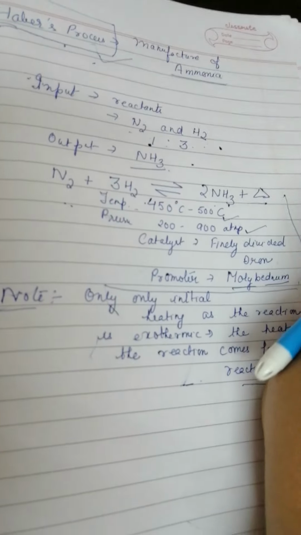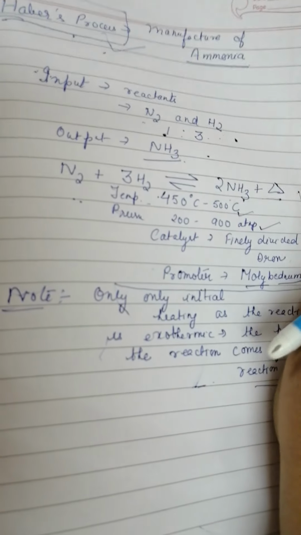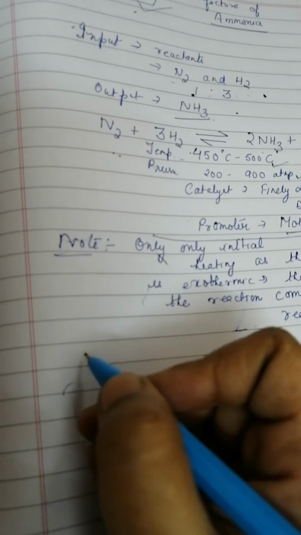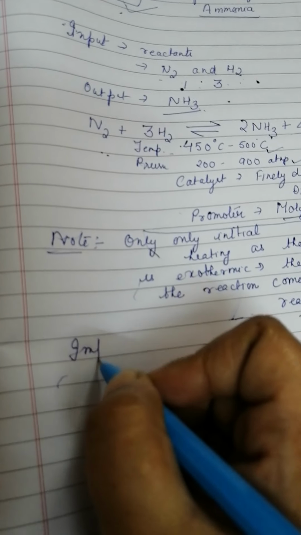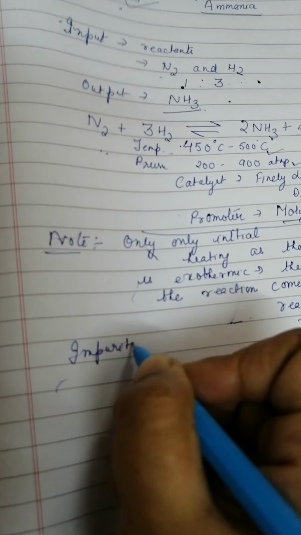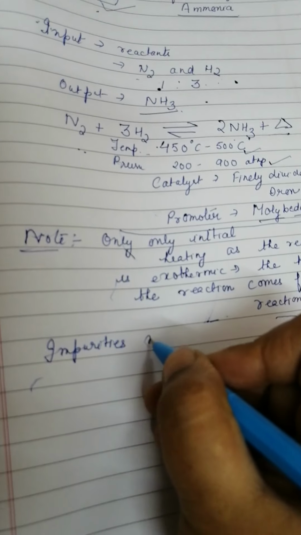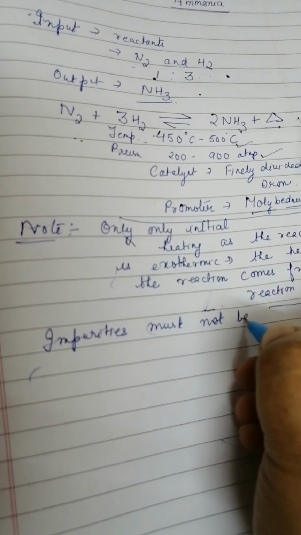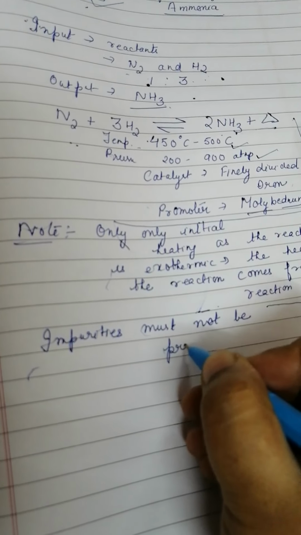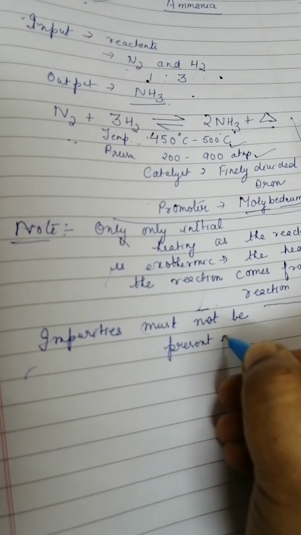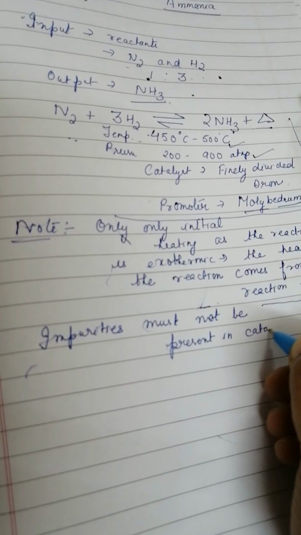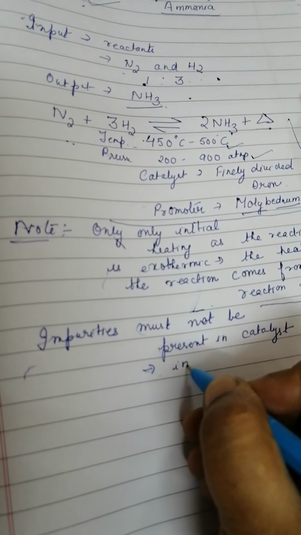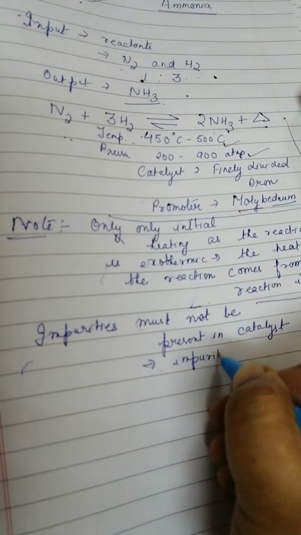And then there is one precaution that you need to take, that the catalyst should be without any kind of impurities. Impurities must not be present in the catalyst, because impurities poison the catalyst.